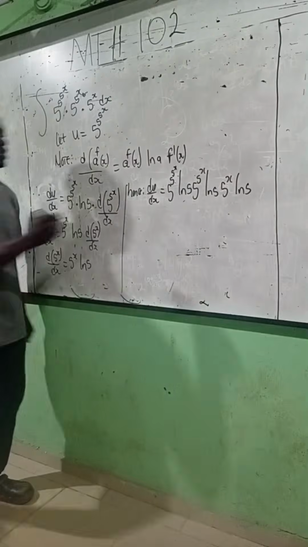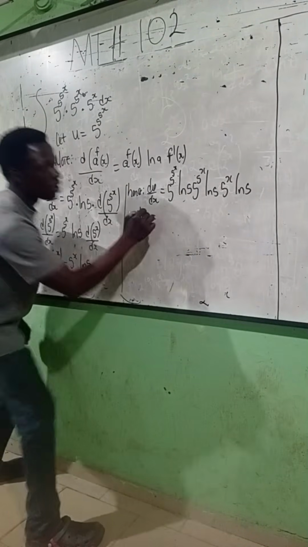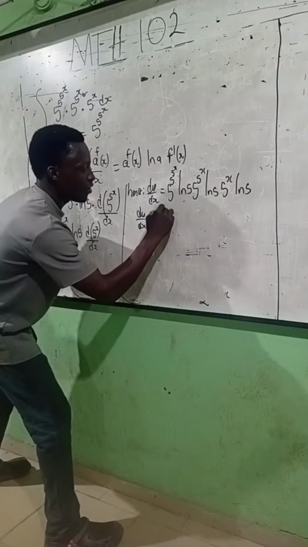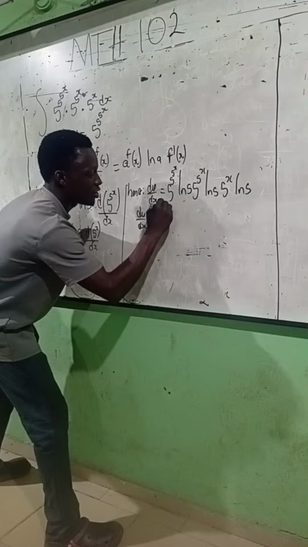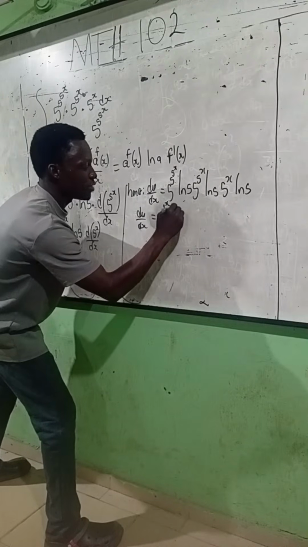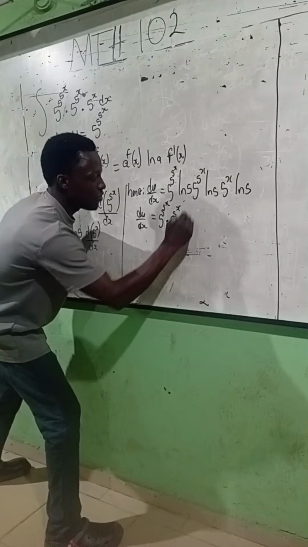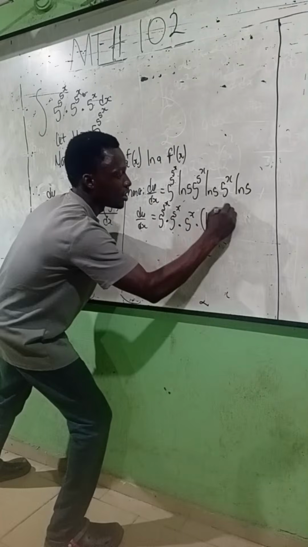Do you get it? So here now, du over dx equals 5 raised to the power 5 raised to the power 5 raised to the power 5 raised to the power x, dot 5 raised to the power 5 raised to the power x, dot 5 raised to the power x, dot ln 5 all cubed.